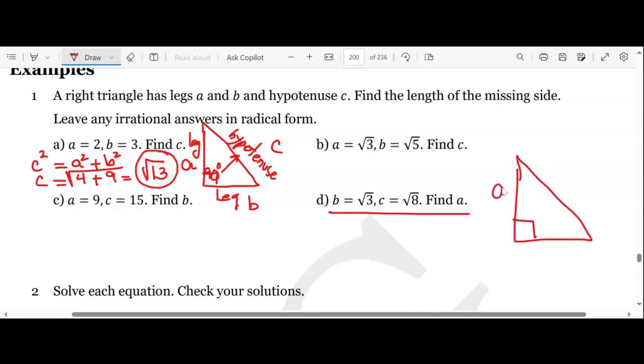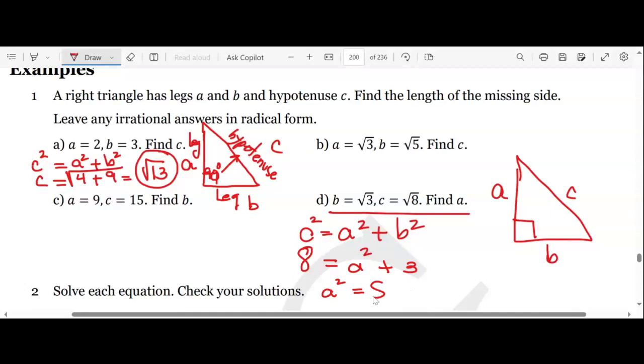Here I have A, B, and C. How much is A? We know that C squared equals what? A squared plus B squared. How much is C squared? 8, correct? How much is B squared? So how much is A squared? Move the 3 to the other side, correct?